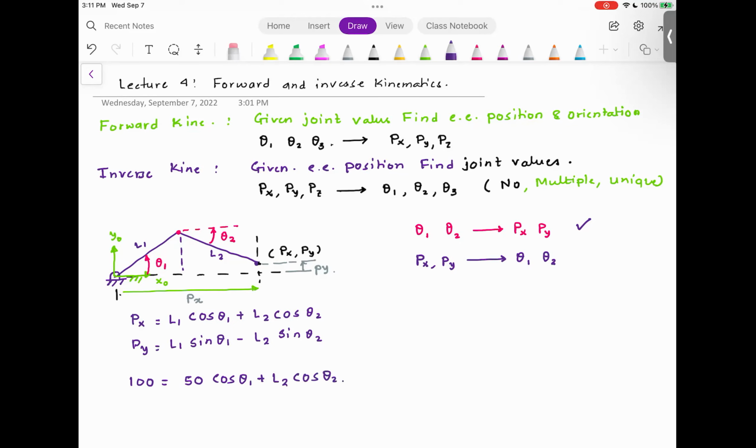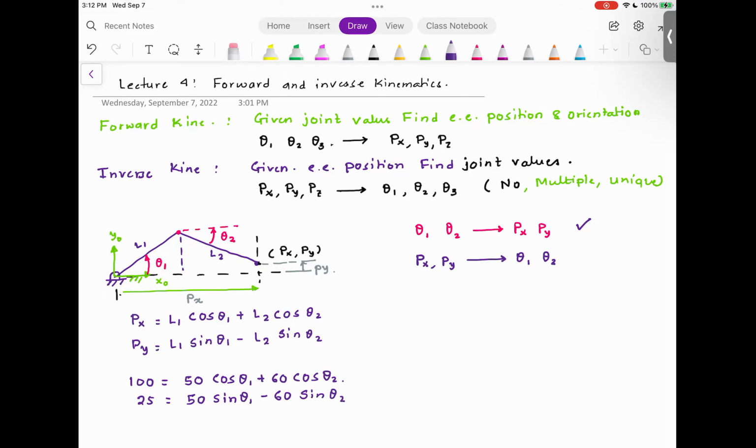And then I will give you the value of py. Let me give you some L2, which is say 60. And I give you the value of py as, say, 25, which is equal to 50 sine theta 1 minus 60 sine theta 2.